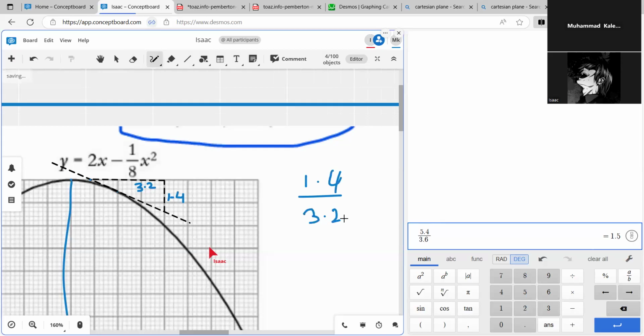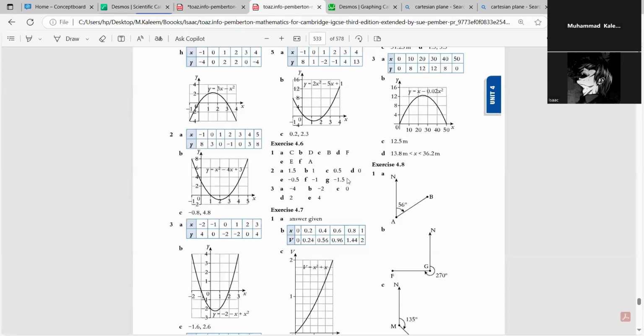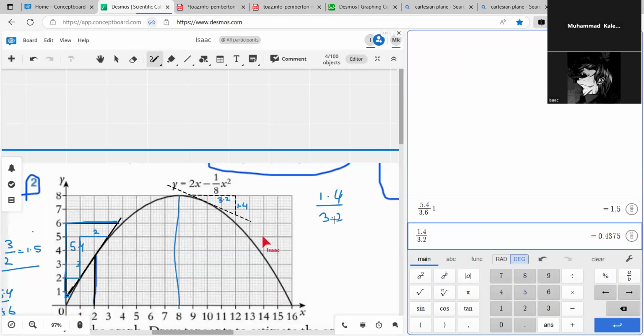So what is it? You get 1.4 divided by 3.2. It's 0.43. But in the answer, I think it's negative 0.5. So we are getting an approximate answer. It's okay. A little bit of error is acceptable, as I told you.